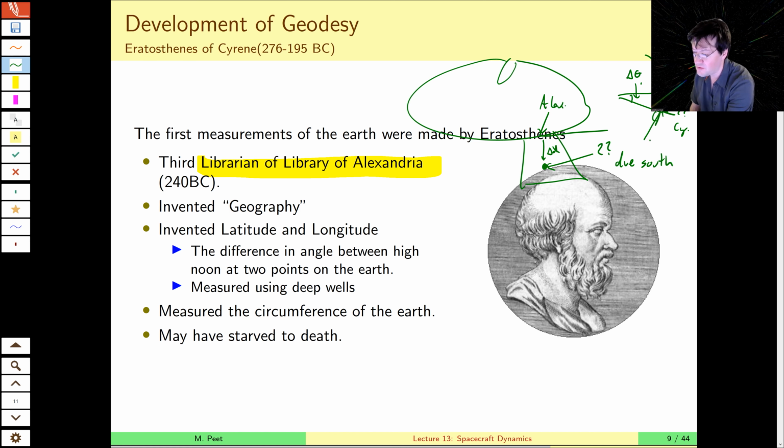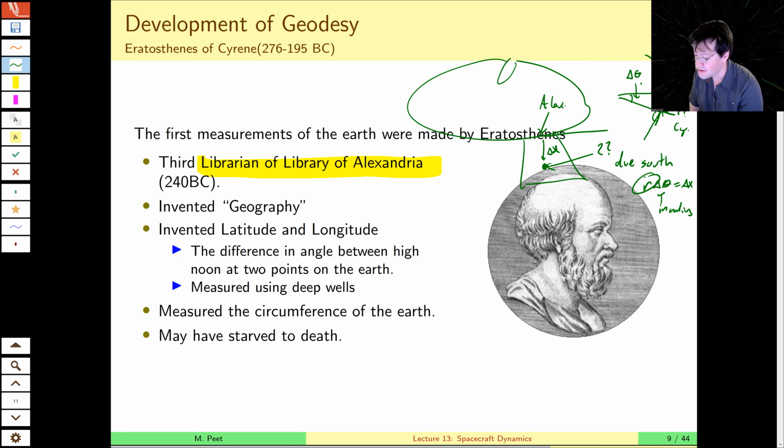This distance, if you convert this angle to radians, gives you delta theta equals delta x, because the angle in radians gives you that distance. So he could figure out this number, and he got it more or less right.